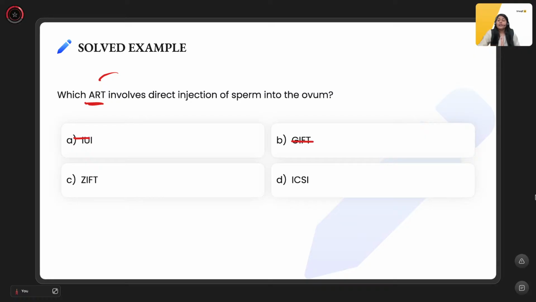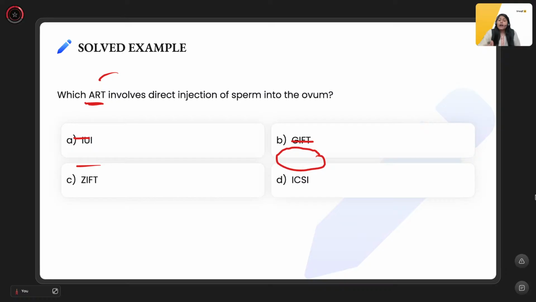Now, GIFT, gamete intrafallopian transfer, is a technique where an ovum is gifted to a female who has all the conditions to carry on pregnancy but cannot produce an ovum. So ovum from a donor is gifted to that female. ZIFT, zygote intrafallopian transfer, is the procedure where embryos which have less than 8 blastomeres are transferred into the fallopian tube.